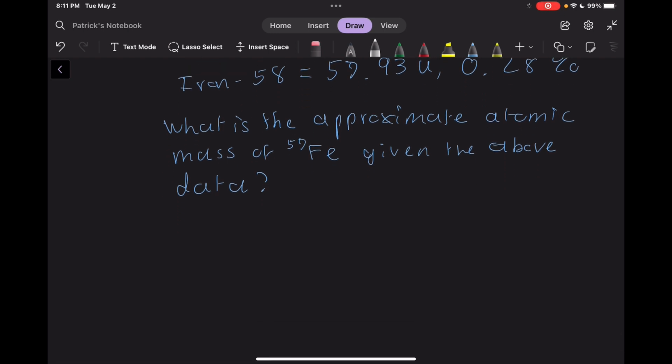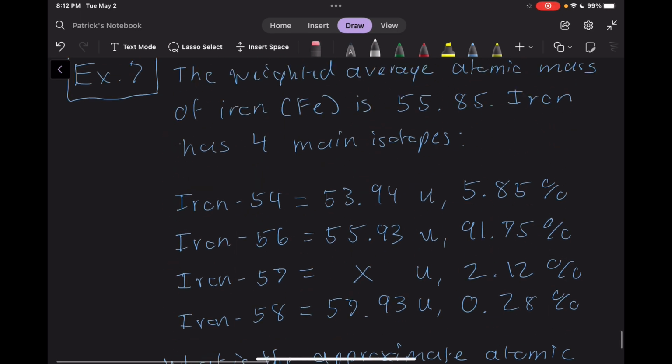This one might look a little complicated, but all we're doing is adding a tiny bit of algebra into the mix. We have the weighted average atomic mass, so we can put that over here.